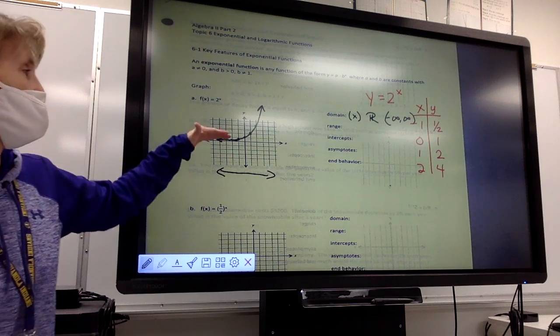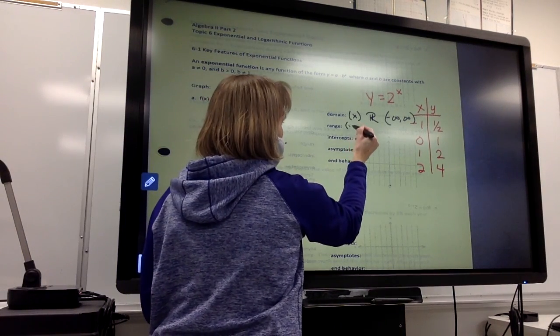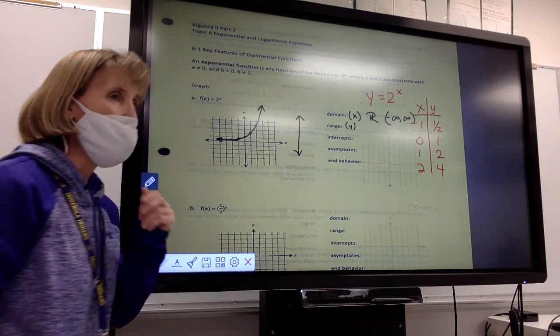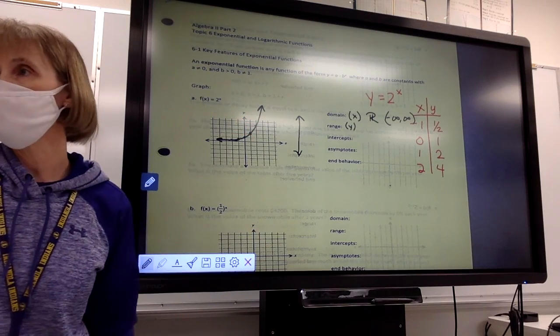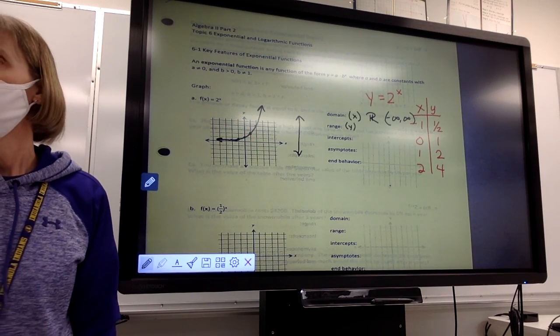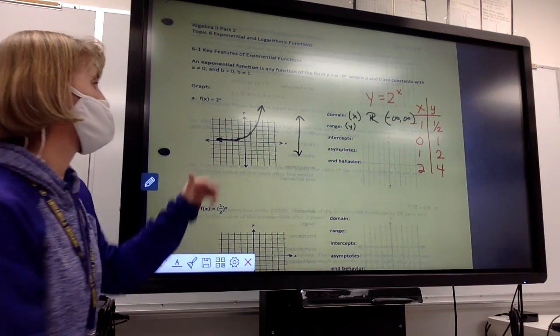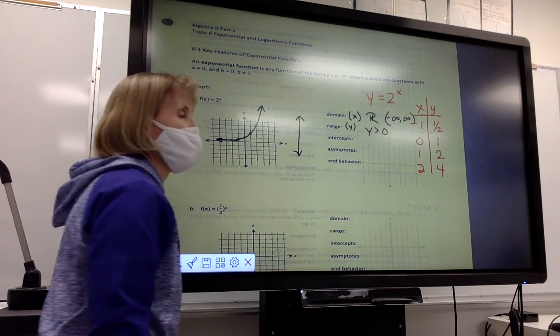Okay, the range. The range is referring to the y values. So when you think about that graph going up and down, those are the y values. Is it both positive numbers and negative numbers? No, which one is it not? It's not negatives, okay? So we would say that the y values are greater than 0.